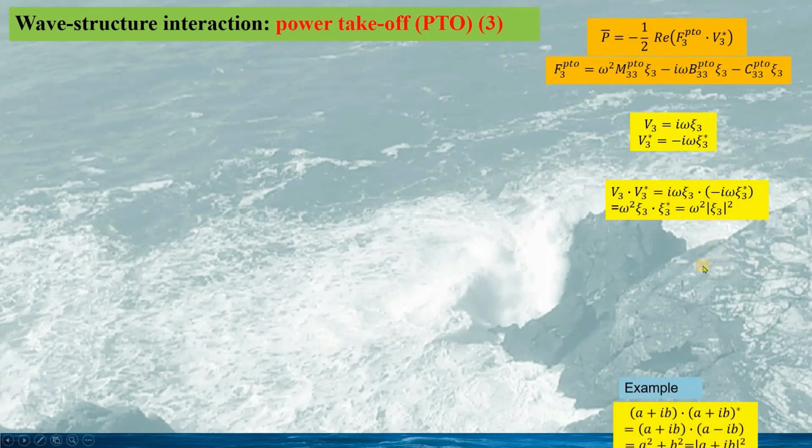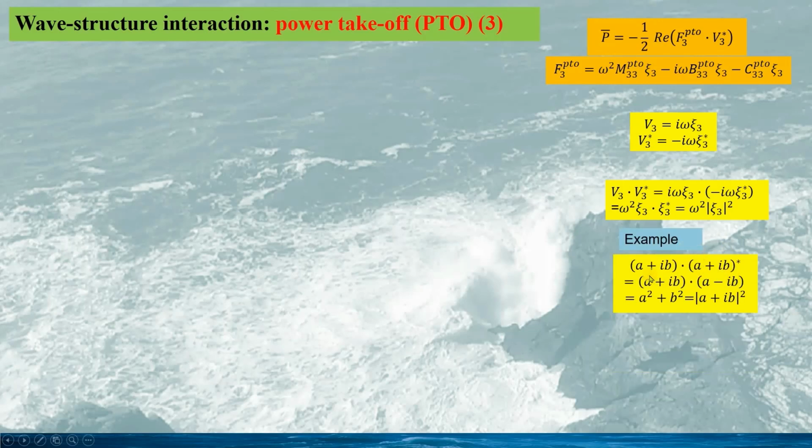If we take the example of a generic complex number A plus iB and multiply it by its conjugate, we have A squared plus B squared. So this is actually the modulus of this complex number squared. In the derivation, we will use this expression.